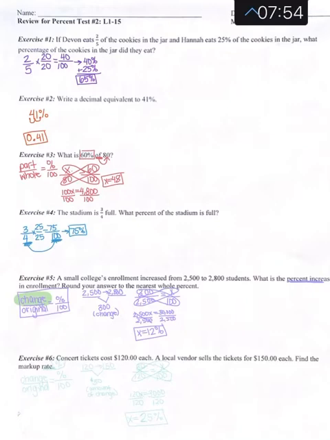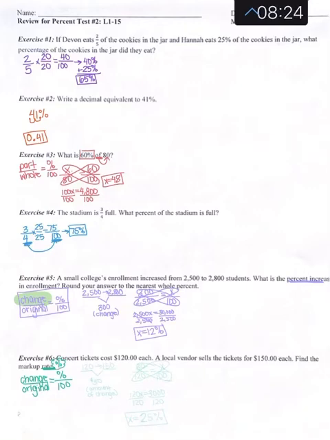That change in this case is the markup, equals percent over 100. So we have the change over the original cost of the tickets equals that rate, the percent, over 100. And when they say rate, just keep in mind it's going to be a percent.